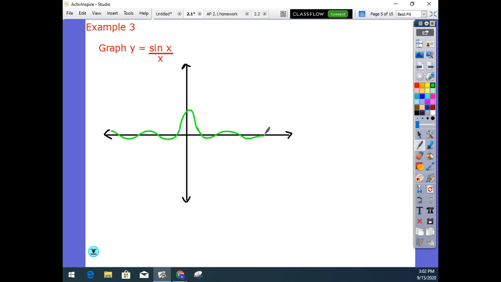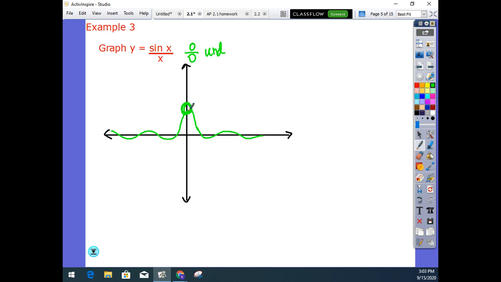So it kind of gets closer and closer to the x-axis the further away it gets. There's actually an open circle here at 0. And that's because when x is 0, that puts 0 over 0, which is undefined. So there has to be a hole in the graph. It is defined for every other part of the graph. There's just a hole at 0.